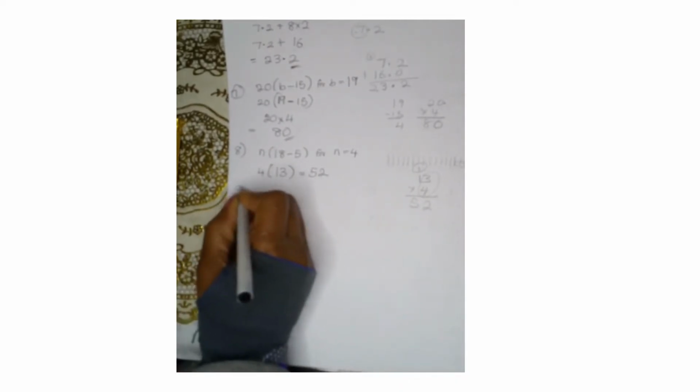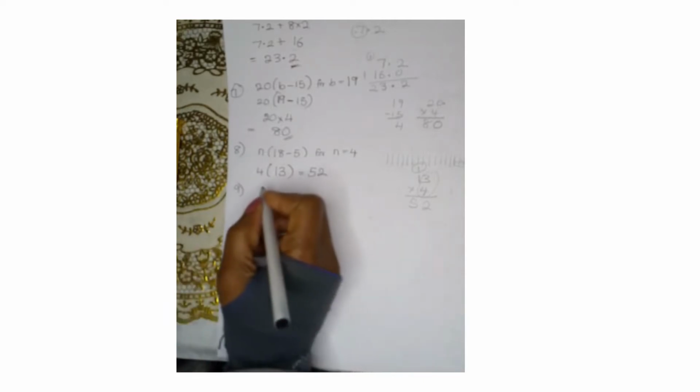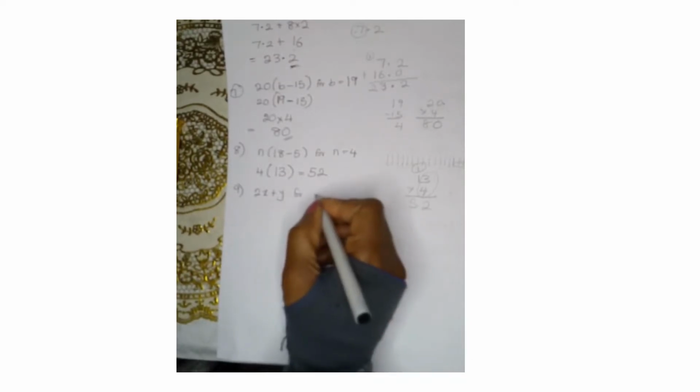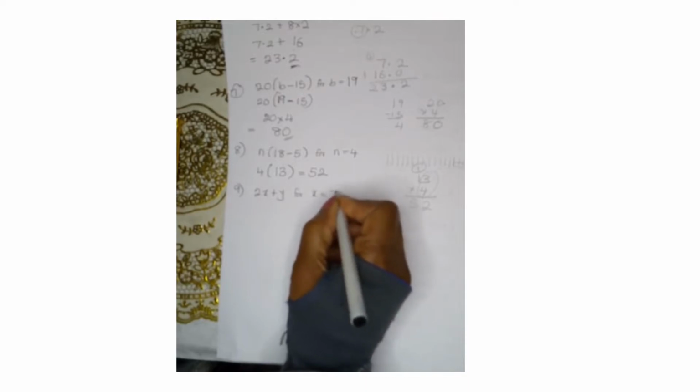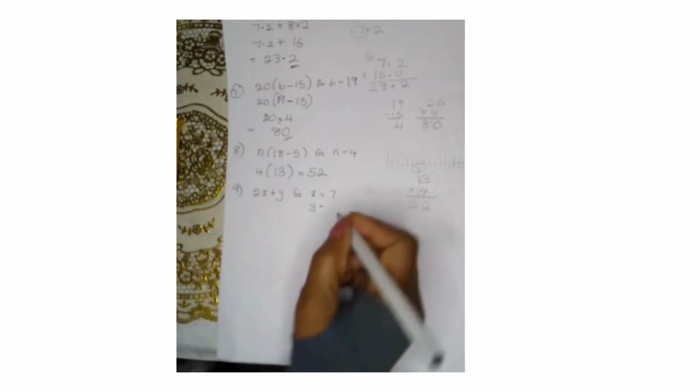Question number 9. Evaluate the expression for the given value of the variable. Number 9 says 2x plus y for x equals 7 and y equals 11.